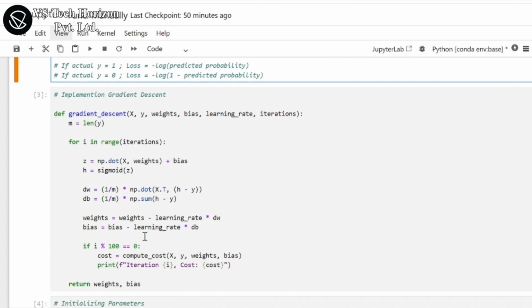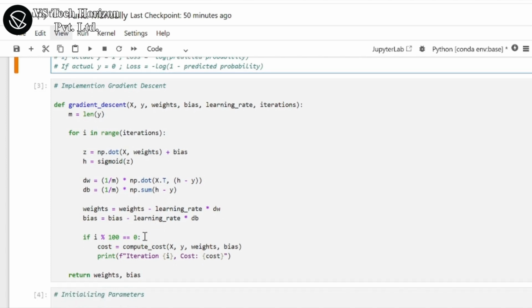Then the next step is considered the heart of gradient descent. Here we move the weights in the opposite direction of the gradient, as the gradient shows the direction of increasing cost, and our aim is to reduce cost, so we move in the opposite direction. Here the learning rate controls how big the step is.